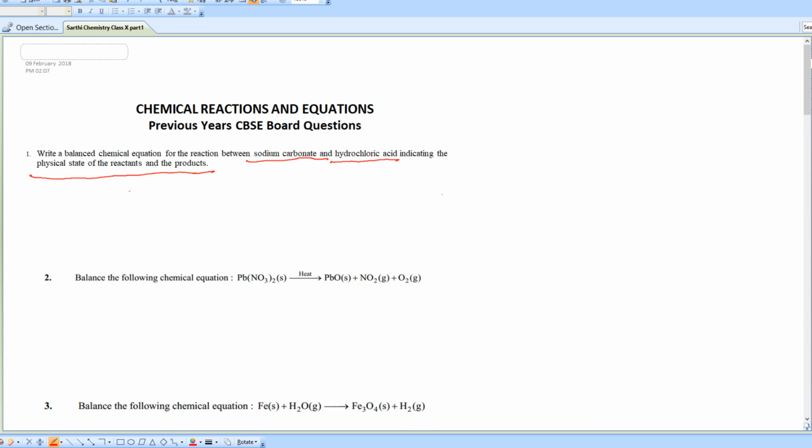So we have sodium carbonate, which is Na2CO3, plus hydrochloric acid, which is HCl. First, we will write just the chemical formula of sodium carbonate and HCl. Later on, we will balance the equation. These two give me, now this is my base, sodium carbonate, and this is my acid.